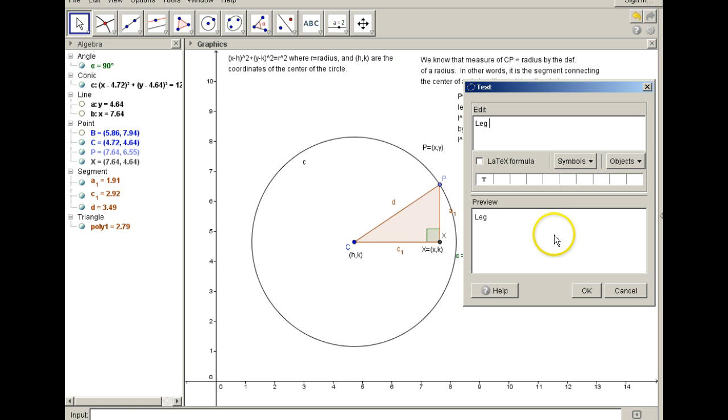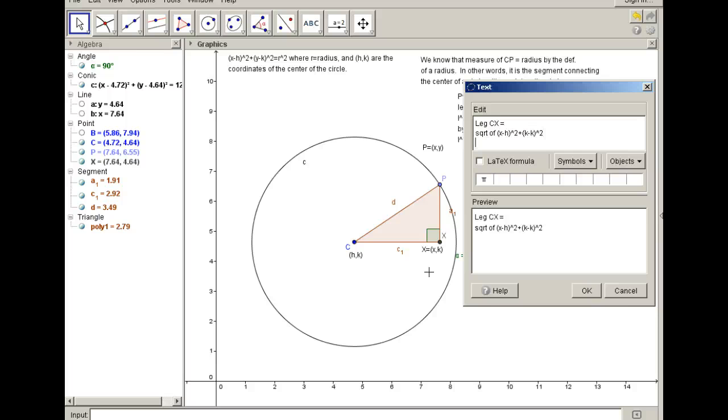Leg CX is equal to the square root of x minus h, squared, plus y minus y, and that would be k minus k, squared.